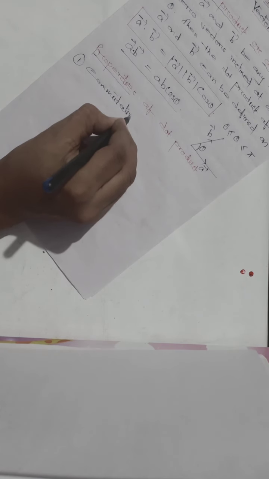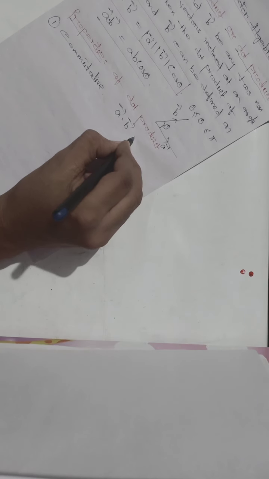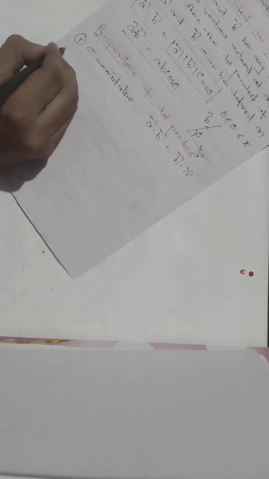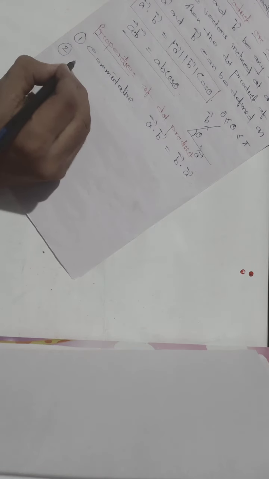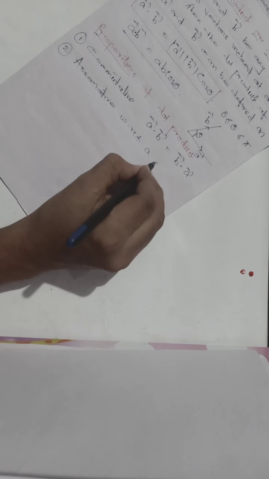Commutative means A dot B can be written as B dot A, right? Number 2, scalar product is associative with respect to a scalar.